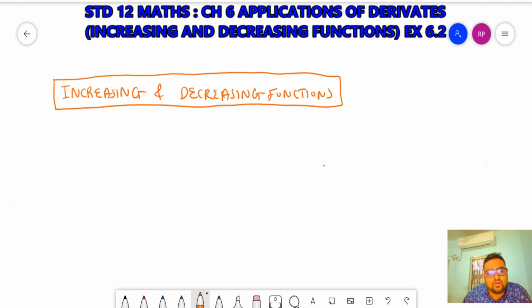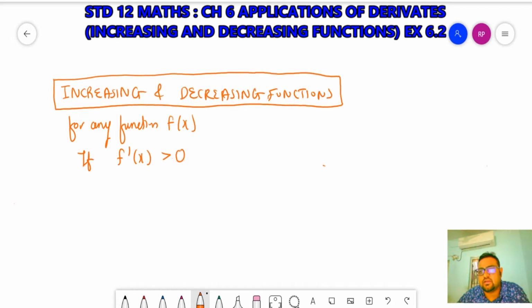Let's say for any function f of x, if f dash x is greater than 0, then it will be an increasing function. I will say strictly increasing function.